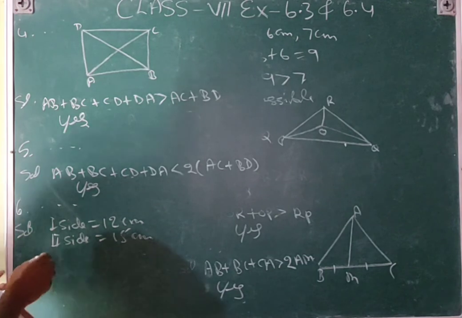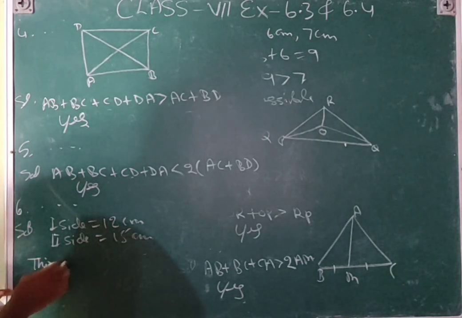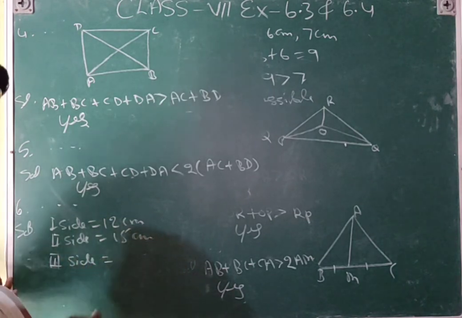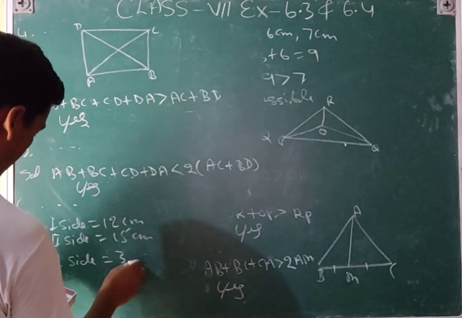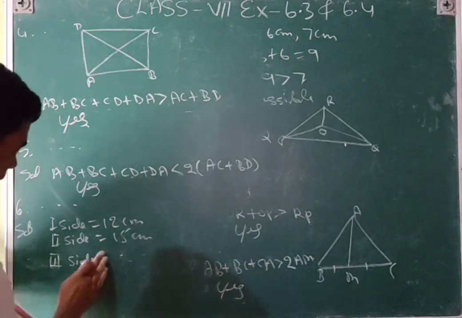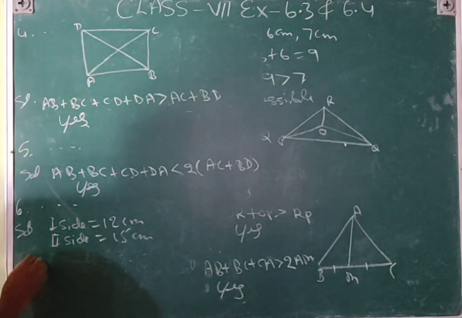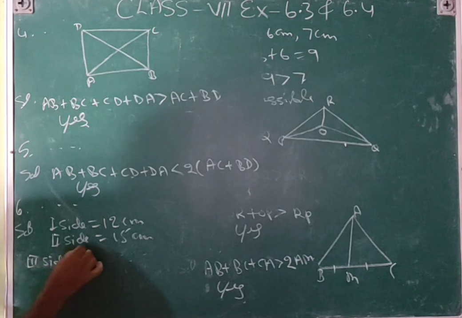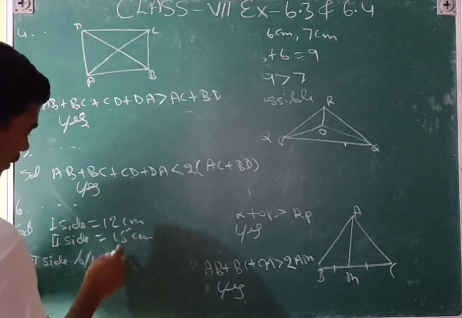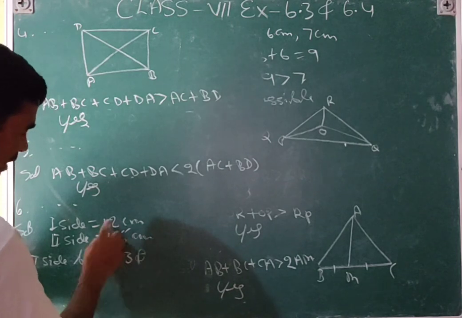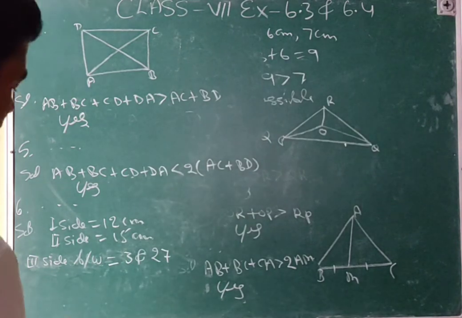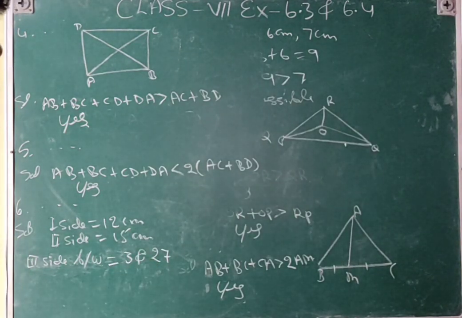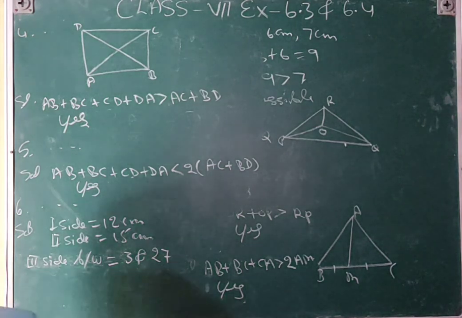So the third side will be between the difference of these, 3, and the sum of these, 27. It means 4, 5, 6, 7, 8, 9, 10, 11, 12, 13, 14, 15, 16, 17, 18 up to 26 can be possible.